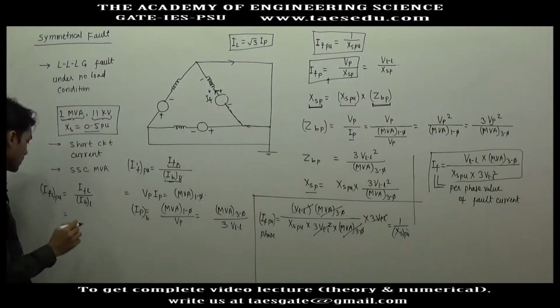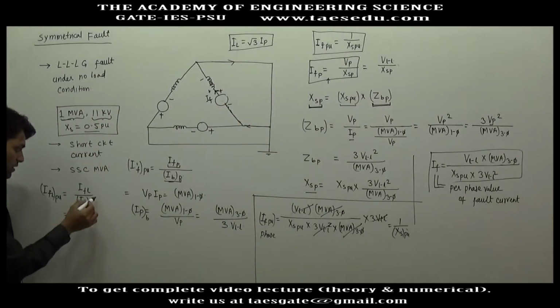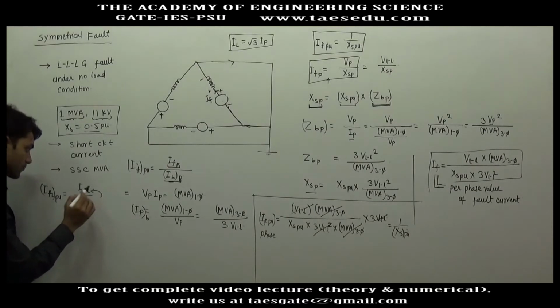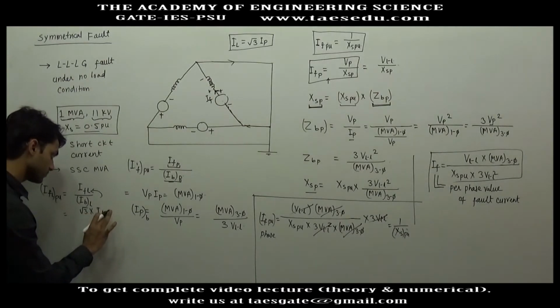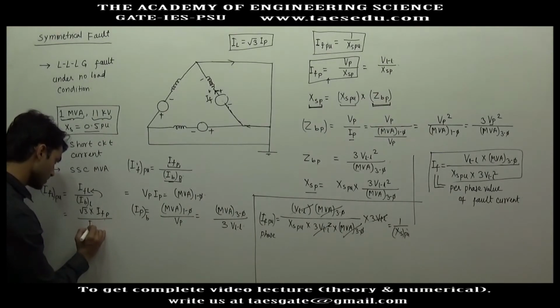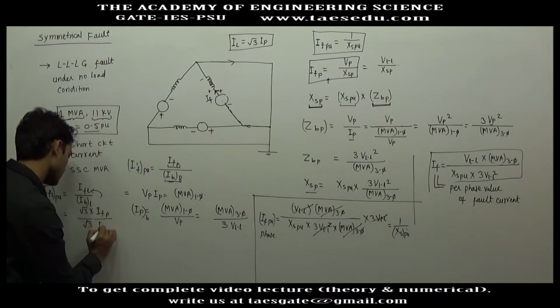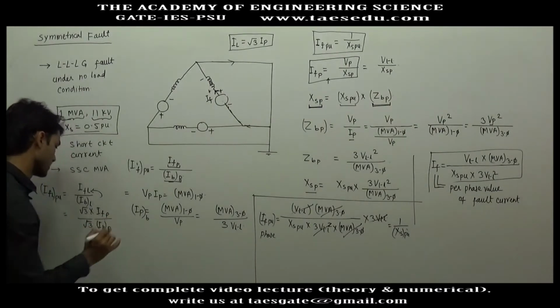So when you calculate the PU value of line current, in the numerator you will have √3 into the fault current in phase, divided by the base, √3 into the base value of phase current.